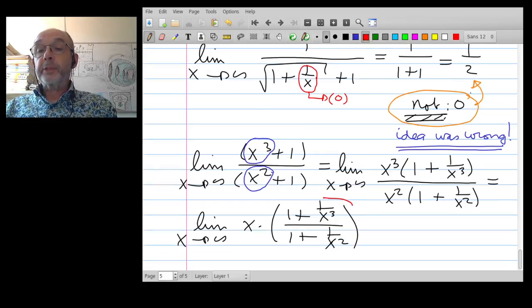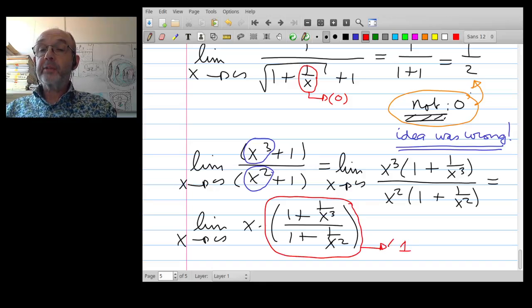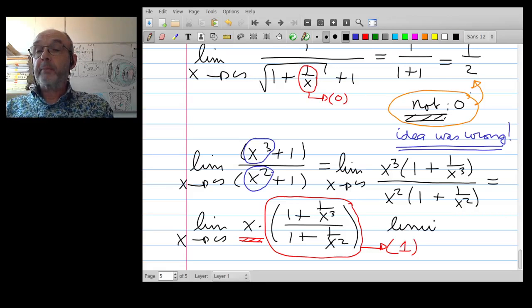So this expression here goes to 1 if the x goes to infinity. But you have here this one growing and growing and growing. That will then go to infinity, and so the limit does not exist.